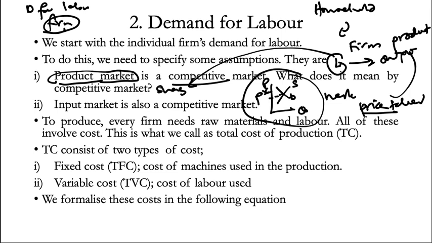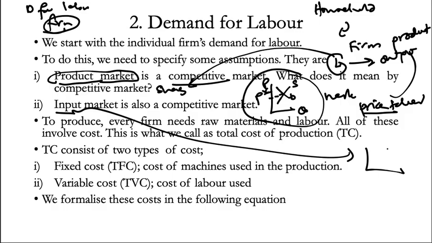Okay, now for a firm to produce shoes, the firm needs labor and of course raw materials. But here we want to discuss demand for labor. So the firm needs an input, that is labor. So the firm needs to go to the input market, and in the input market also, the firm is the demander.